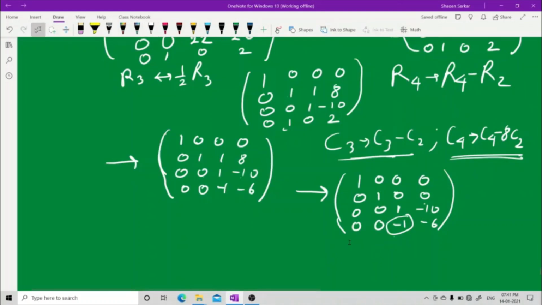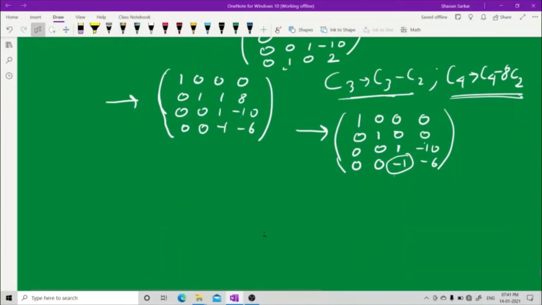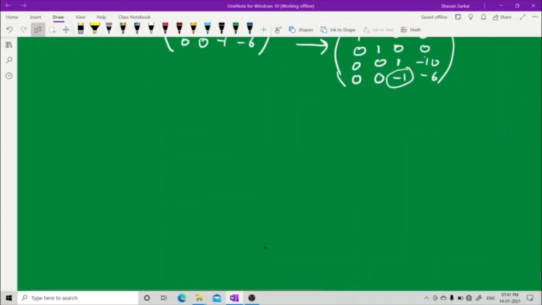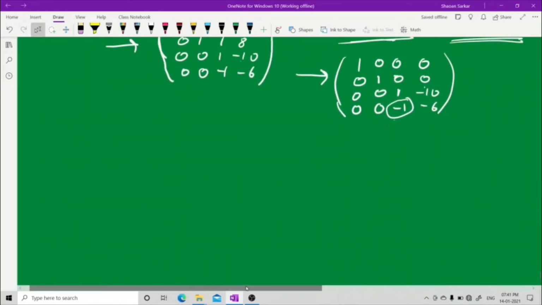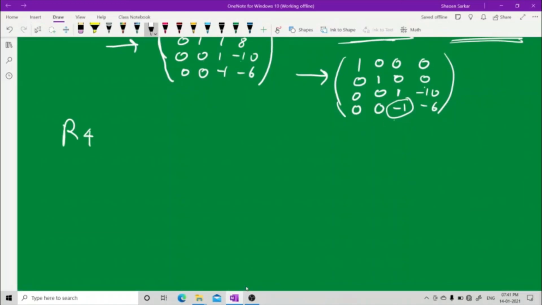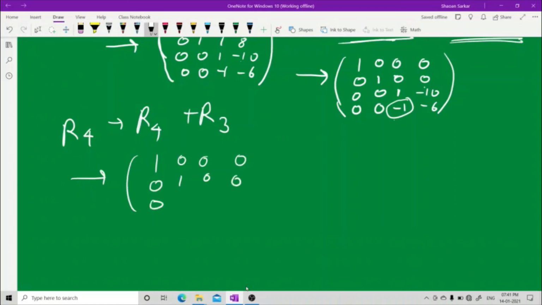Now you see what I'll do: I'll write R4 is R4 plus R3. Now you will get 1 0 0 0, 0 1 0 0, 0 0 1 minus 10, 0 0 0, and then you are adding this to get minus 16.